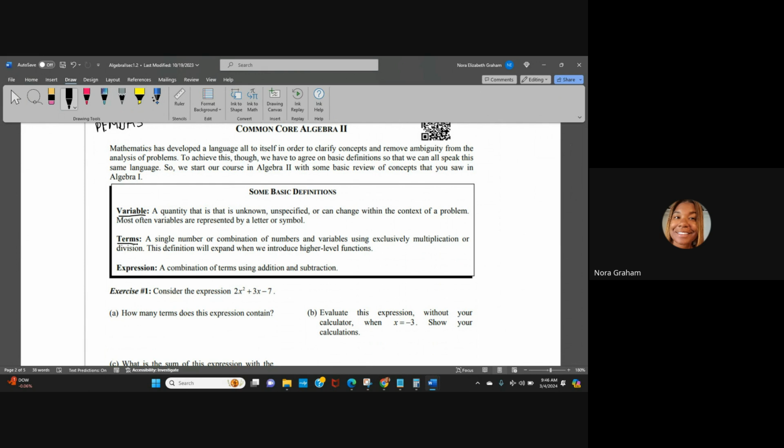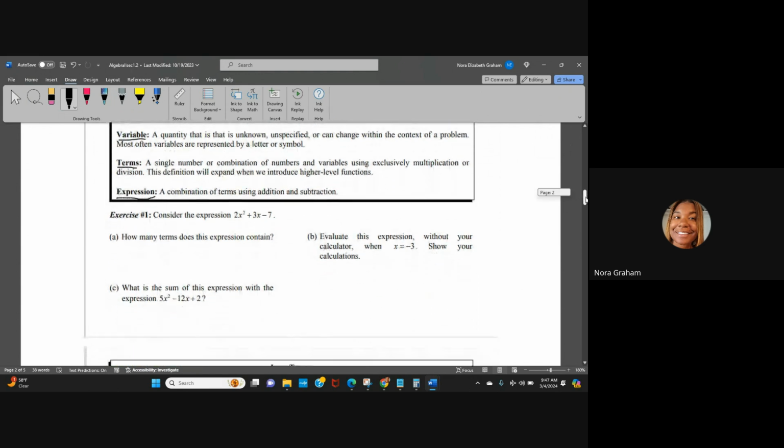And an expression is basically an algebraic equation without the equal sign. So if you see something without an equal sign, like the one below, that's an expression. If I set this equal to a number or another variable, then it would not be an expression anymore. It would be an equation.